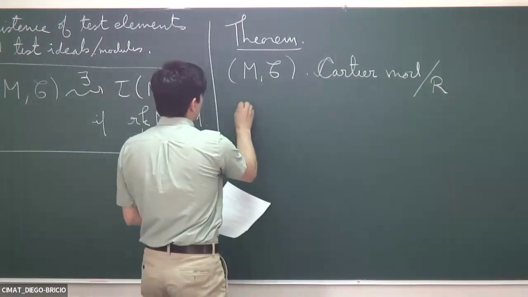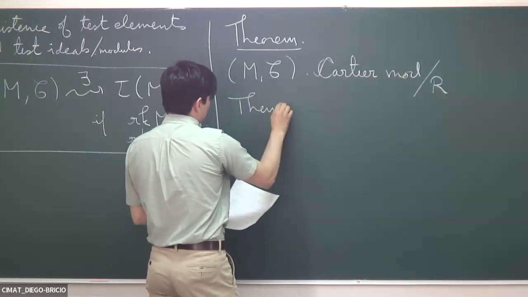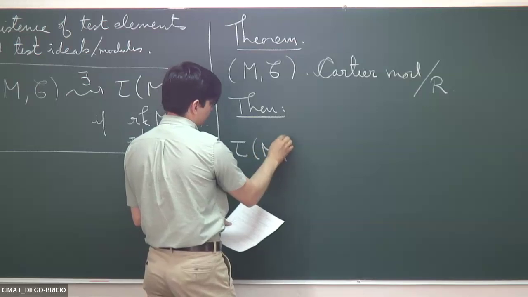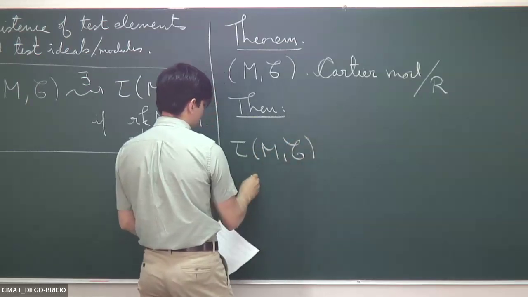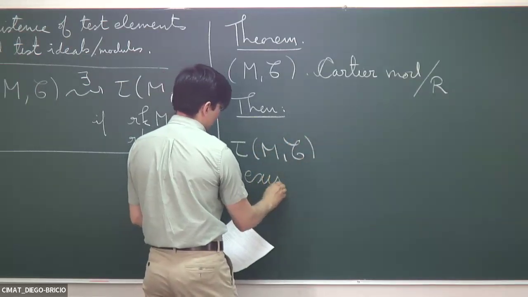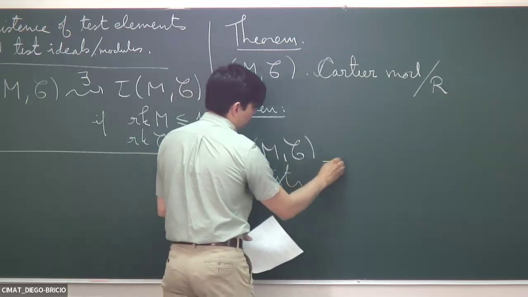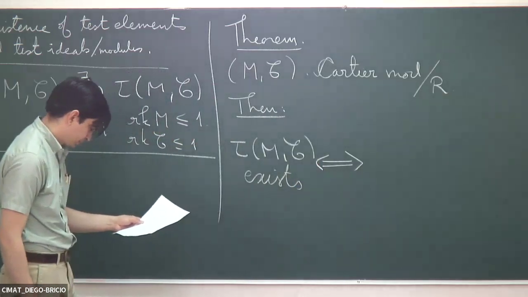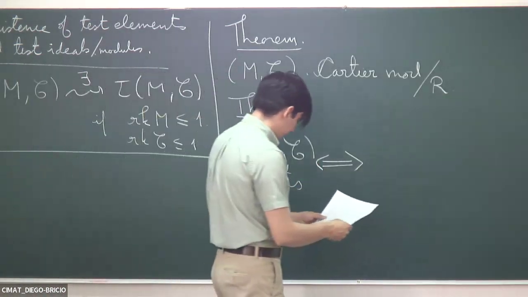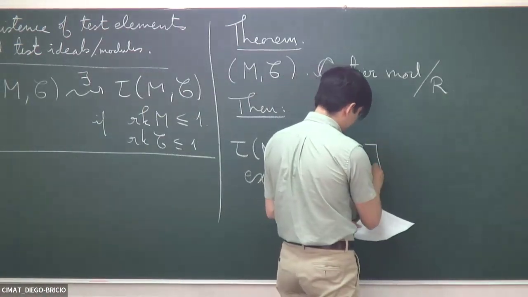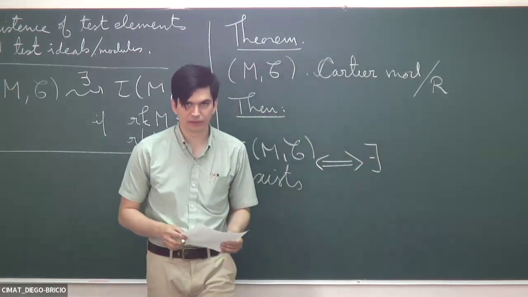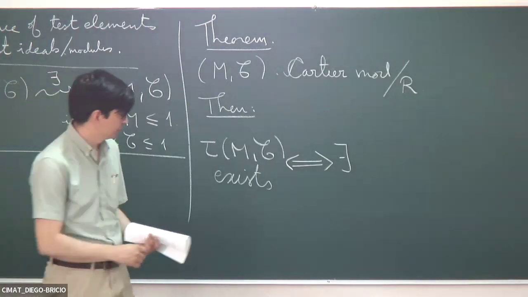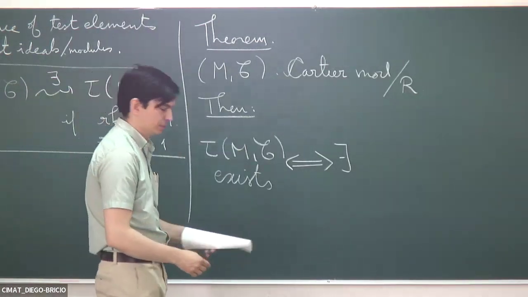And so then this module exists if and only if the following happens. There exists, let me put it in geometric terms. I think in geometric terms is a little bit better, but then we can do the algebraic translation too.